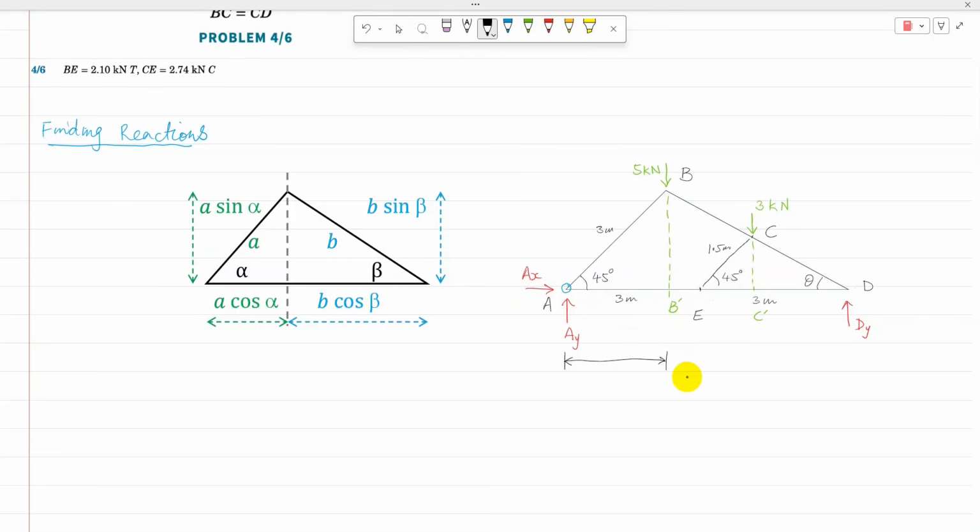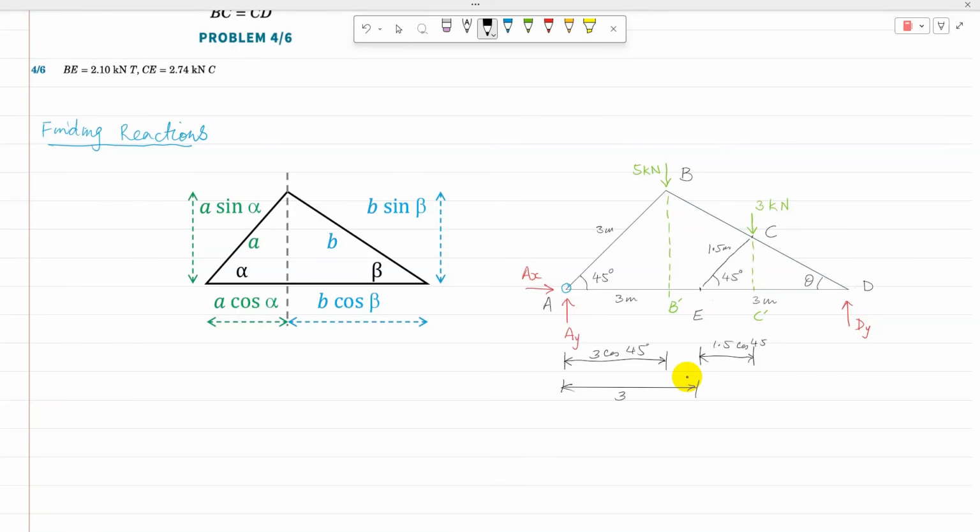If there is a right triangle in which the hypotenuse and angle alpha are given, the horizontal component of the displacement is A cos alpha. So this distance is 3 cosine 45. Similarly, the distance from E to C is 1.5 cosine 45. The distance from A to E is 3.